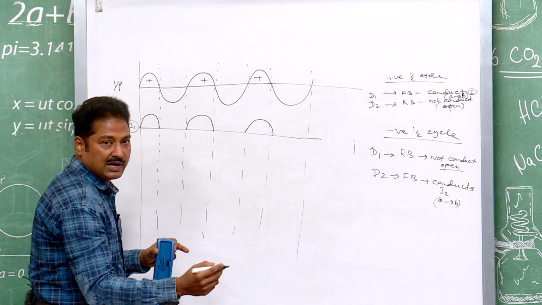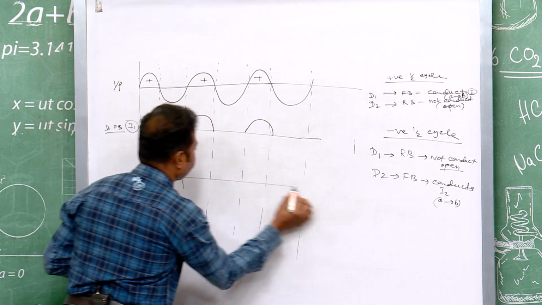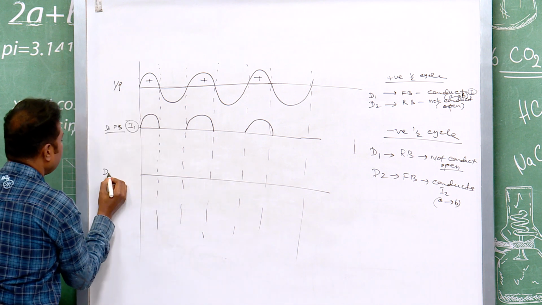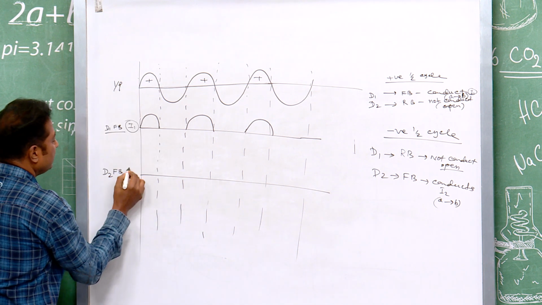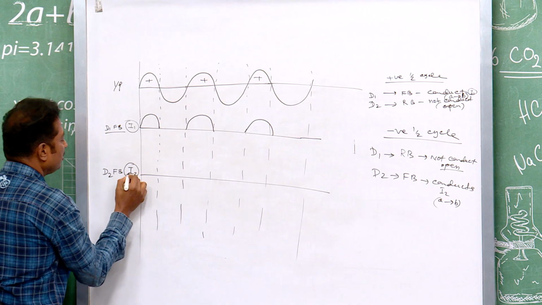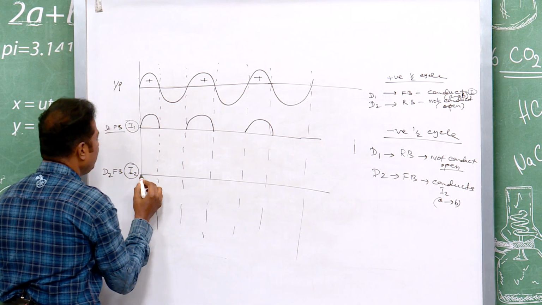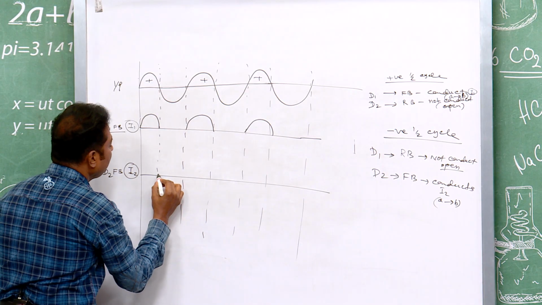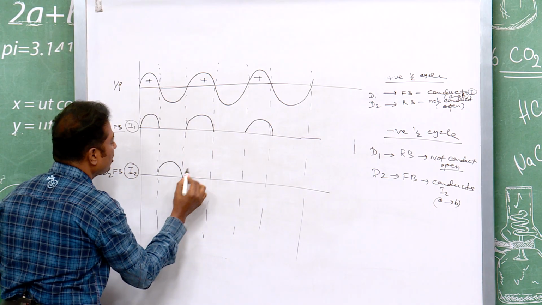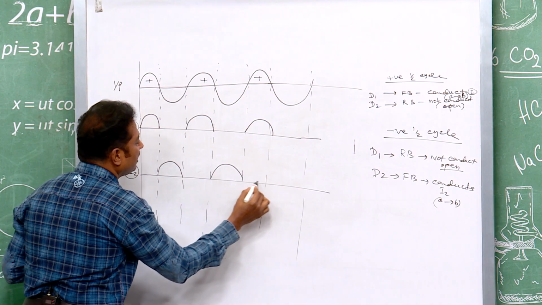For reverse bias, when D2 is forward biased, this was your I2. All the currents are through the load, but this was your I2, and for I2, this was from the negative half cycle.